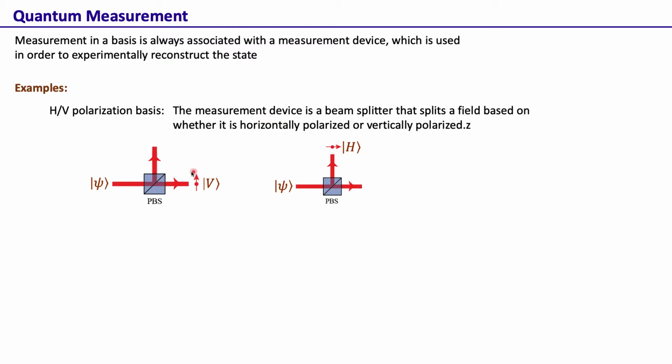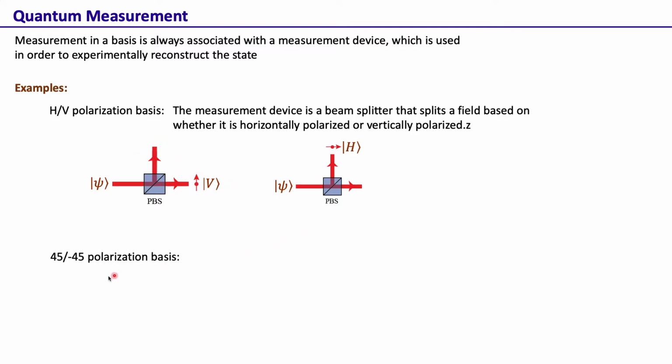So this polarizing beam splitter is acting as these two projectors, and since the polarization basis is a two-dimensional basis, we have only two projectors, making these photons go in two different directions. Of course, we can't have any situation where we have one photon here and one photon there as well. So the photon has to get detected either with the vertical projector or the horizontal projector.